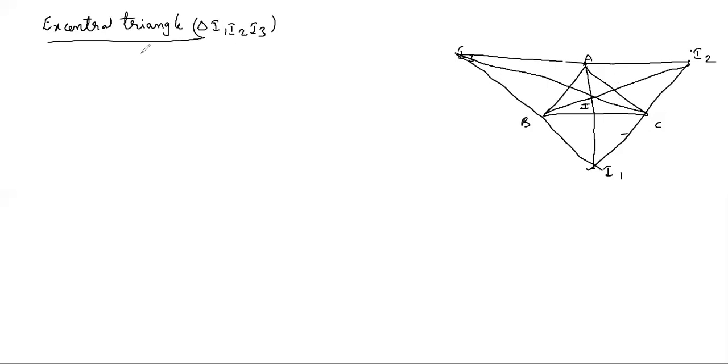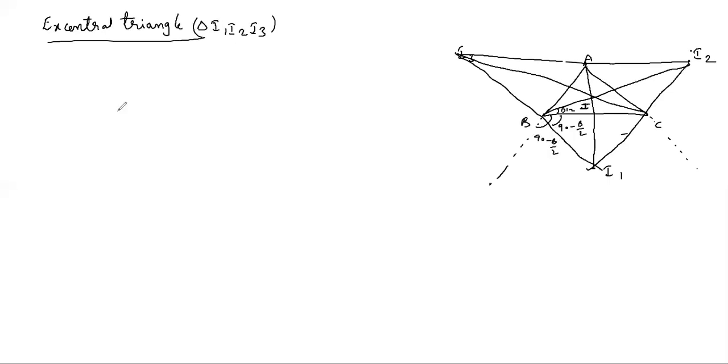To find this, first we consider triangle ABC, and this angle is A by 2. This is B by 2. The external angle is 180 minus B, bisecting gives 90 minus B by 2. This is also 90 minus B by 2.